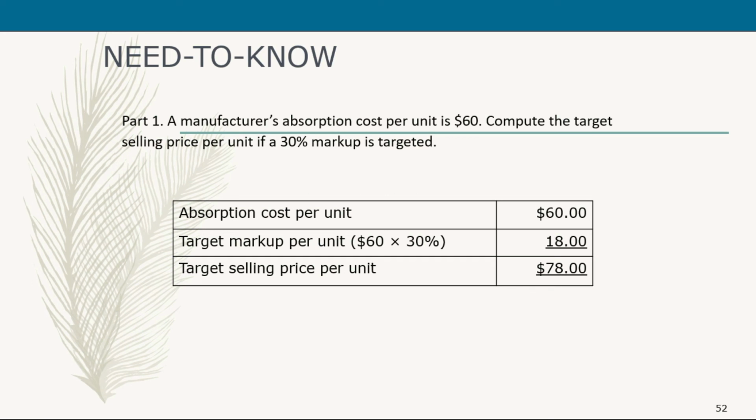So we multiply 30% by the absorption cost per unit and get a target markup per unit of $18. So we add the two, and we will get your target selling price per unit of $78. Okay.